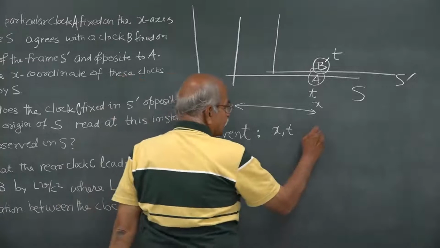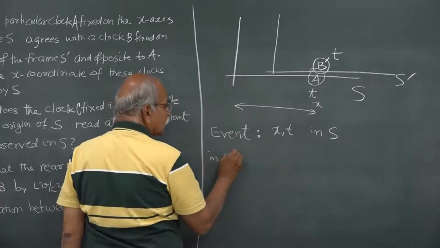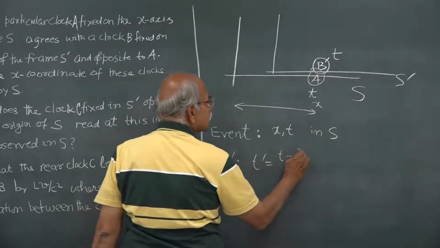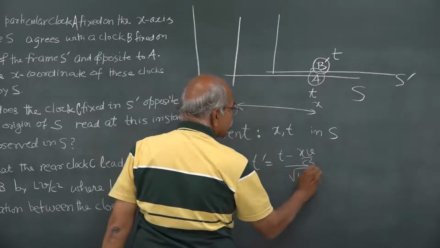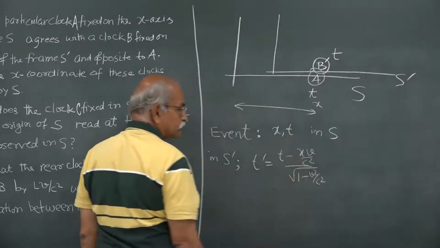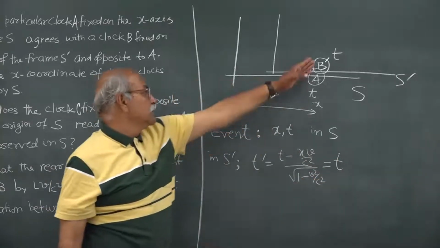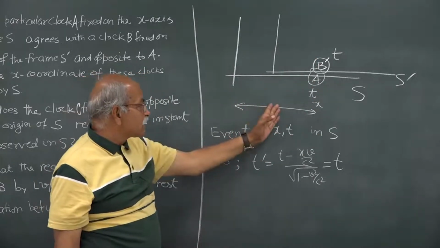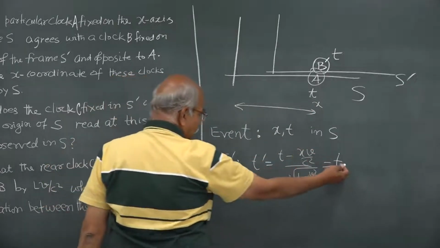So this is in S, and therefore in S prime for this same event t prime should be equal to (t minus x v by c square) divided by square root of 1 minus v square by c square, and this is equal to t. These two clocks agree, and the question is, what is this x? How much is this x? So you can work it out from here.